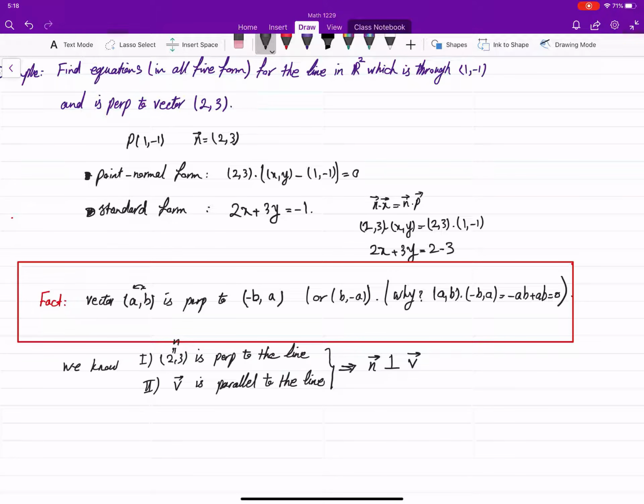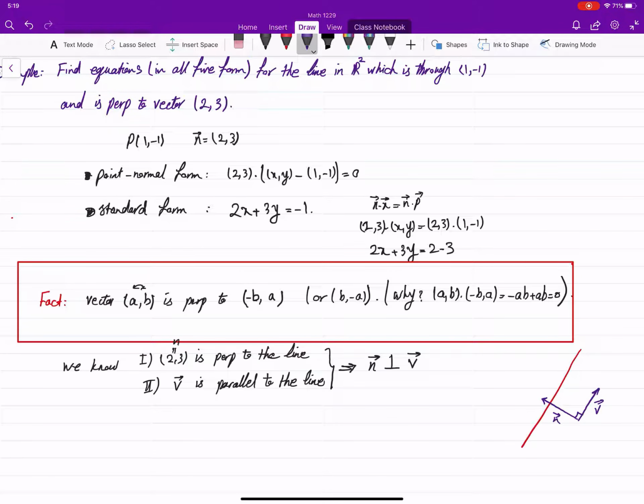That's very easy to see: when you have a line and a vector v which is parallel to it, and a vector n which is perpendicular to it, then these two vectors are also perpendicular to each other.